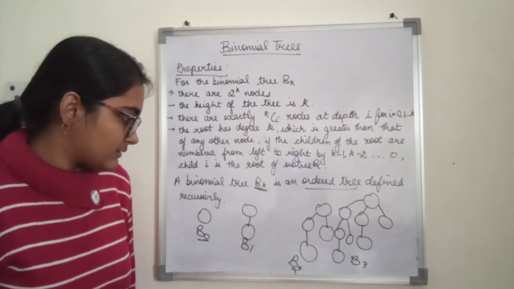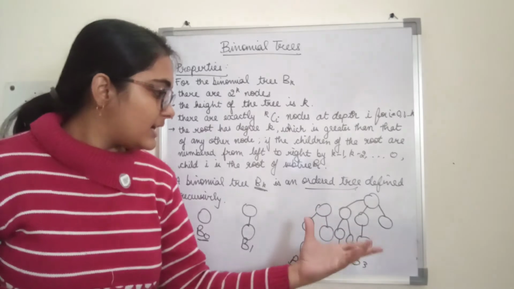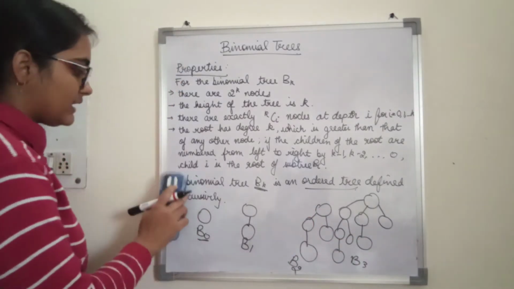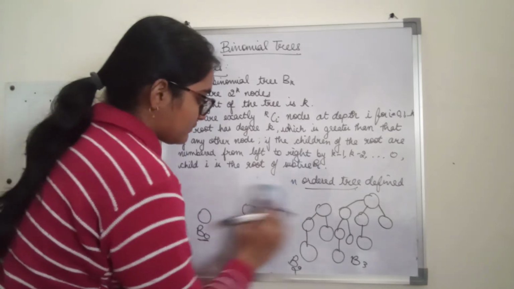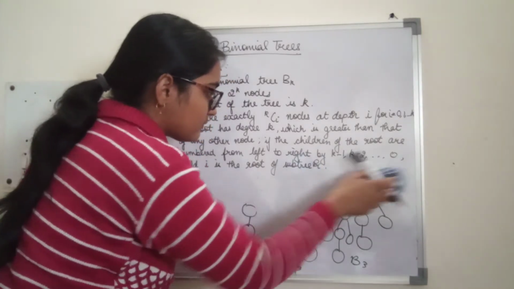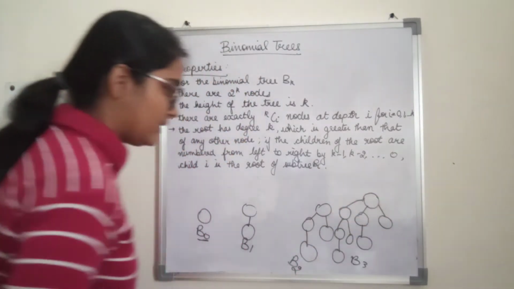Okay, so this is the tree B3, right? Similarly we can form B4 as well. Let me erase this. This is the tree B3.